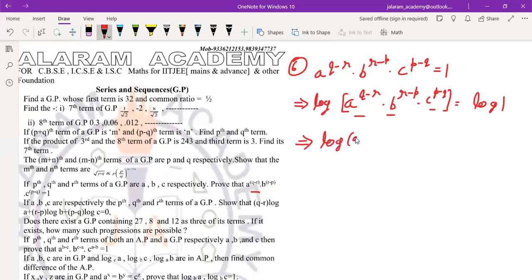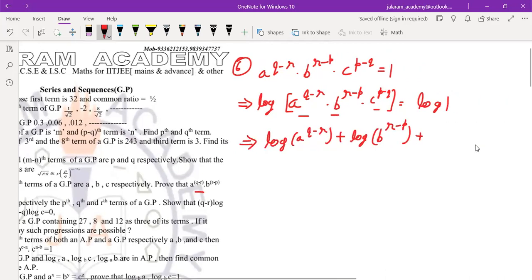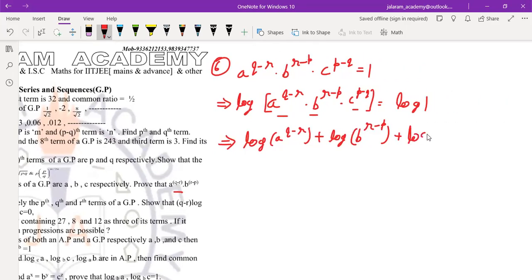Log a to the power q minus r plus log b to the power r minus p plus log c to the power p minus q, and the value of log 1 is 0.